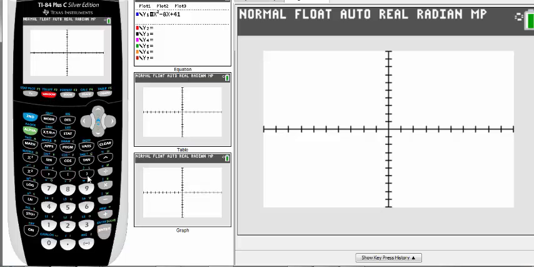So let's go ahead and change our scale. The window will pop open here. And I think my calculator is frozen up again, so let me see if I can shut it down and restart it, so I'll get right back to you.